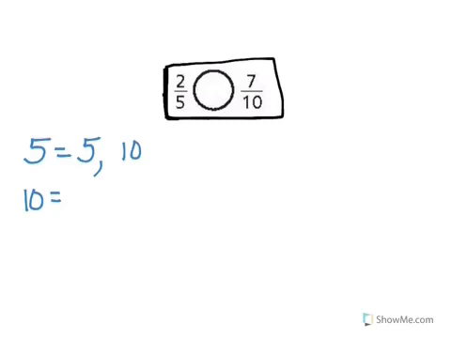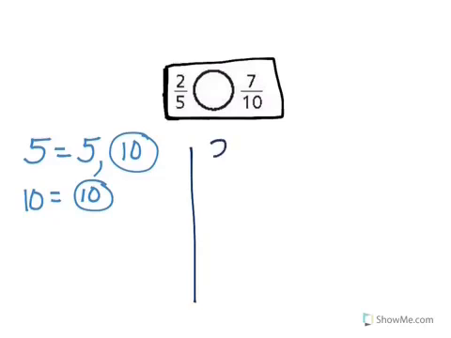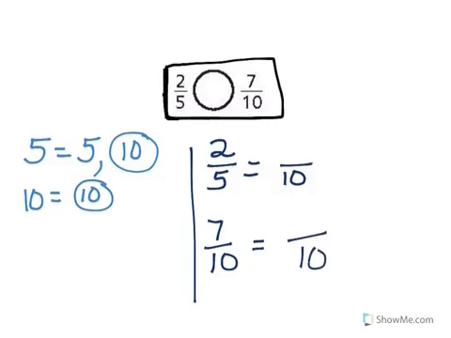If I count by 10s, well, I can stop at 10 because I see they both have 10 in common. So I can quickly make my equivalent fractions. So 2/5 equals so many tenths, and 7/10 equals so many tenths.